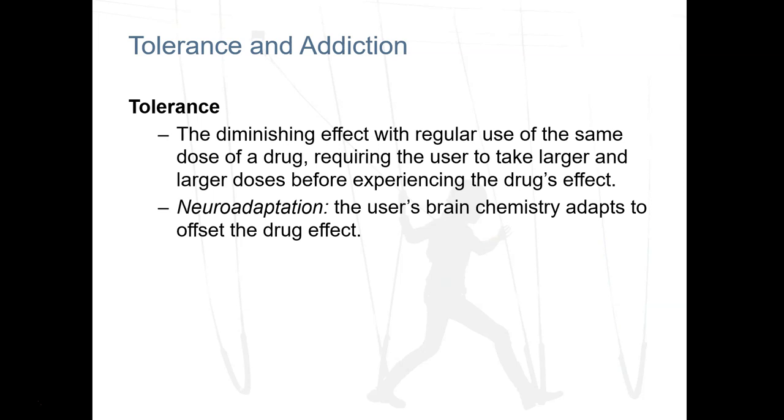To counteract these effects, the user must take larger quantities of the drug in order to achieve the initial drug effects, and this causes tolerance. Again, neuroadaptation is the user's brain chemistry adapting in order to offset the effects of the drug.